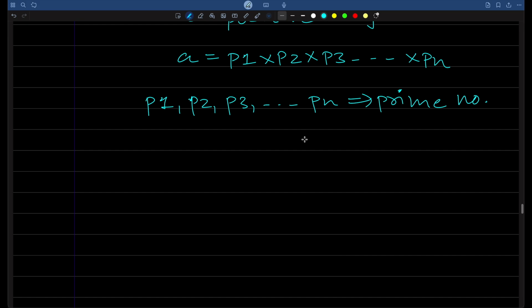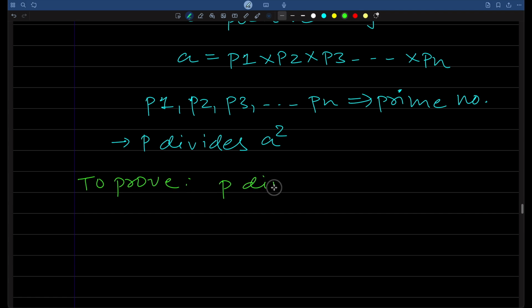Then we are given a statement, that is p divides a square, which is given, and we have to prove that p divides a.